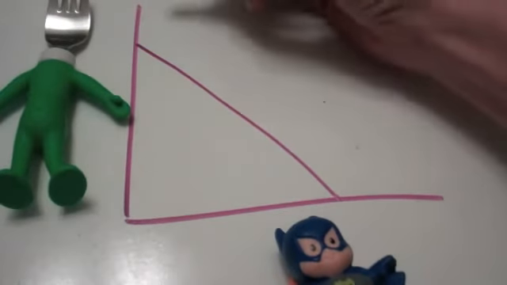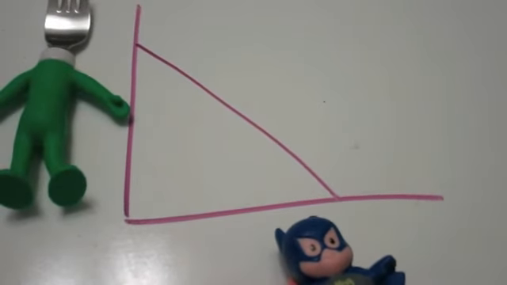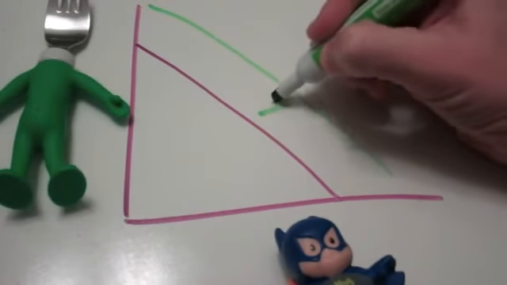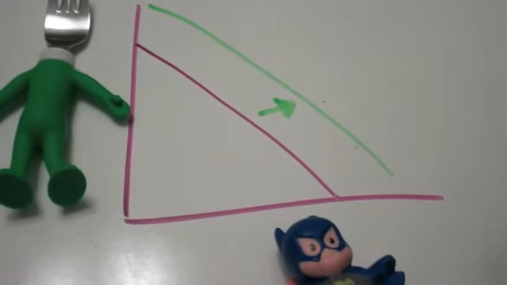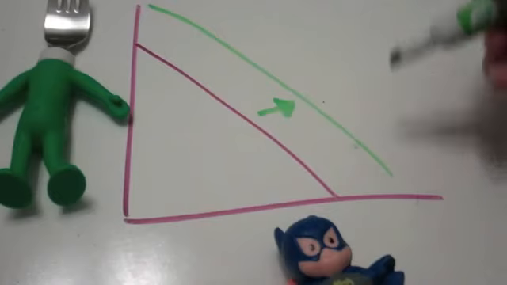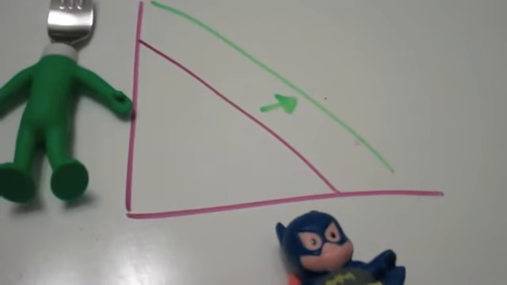We now have all of their resources, so we can now make more forkmen and more Batgirls. So we get to draw a new line to the right. We talk right and left in this class, not up and down. So this green line that you can barely see on the video, trust me, it's a green line. It is to the right, shows an increase in production of all things.